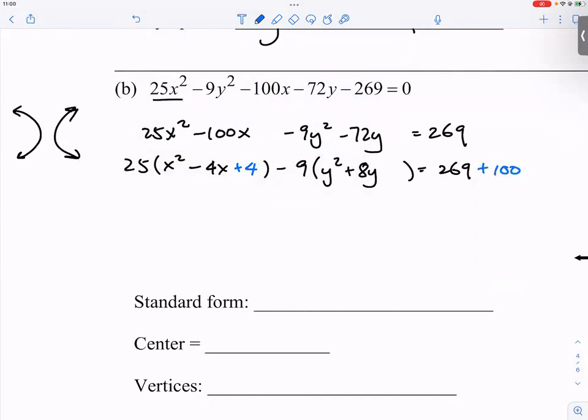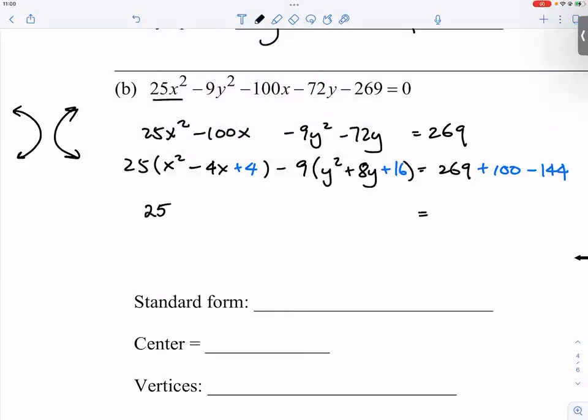So on the right-hand side, you will add 100. And then for the second pair of parentheses, you have to add 16. Therefore, you have to subtract 144. Okay, 9 times 16, it's 144. I think that's one thing we have seen for a couple of times already.